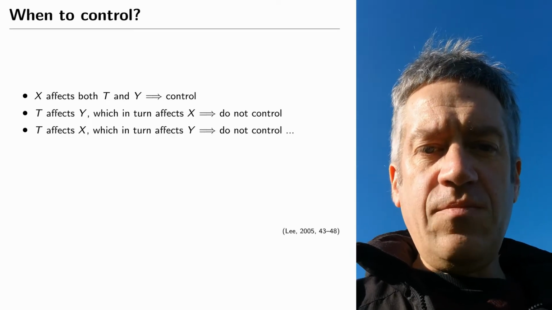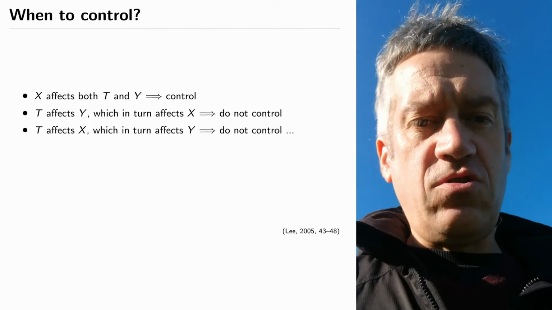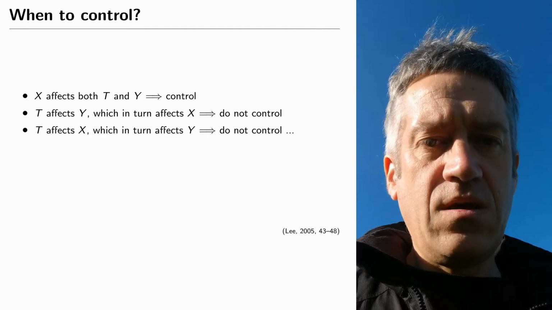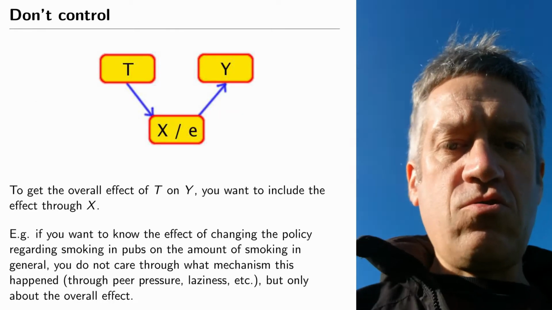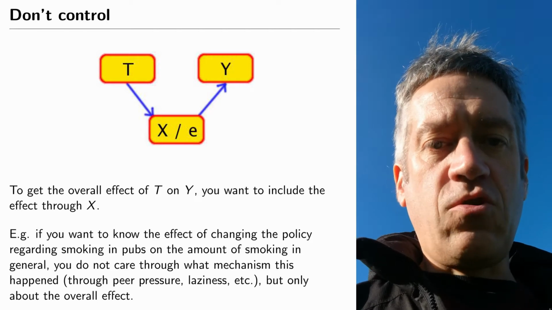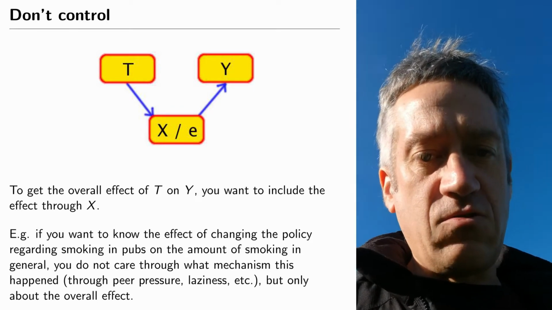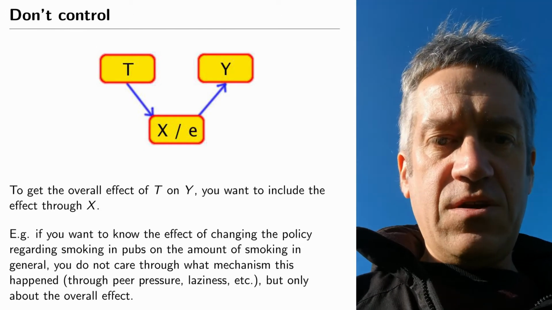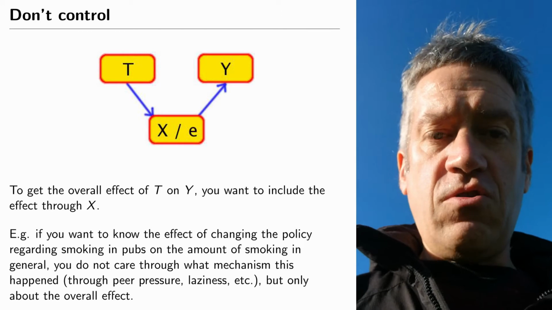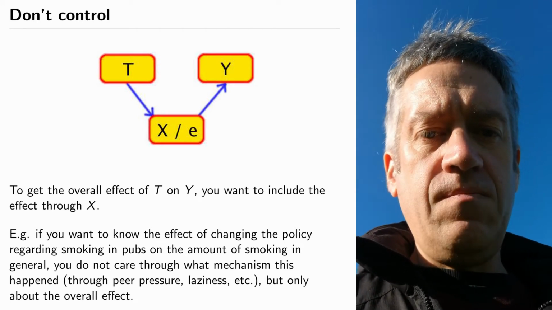The story gets a little bit more complicated if the treatment causes some third variable X, which in turn causes the outcome variable Y. If you want to know the impact of the treatment on the outcome, you should not control for X, because you're going to leave out a particular amount of the impact, namely what goes through X. So you end up with an underestimate. Imagine we have a scholarship scheme, and the scholarship scheme is to help students get a college degree.